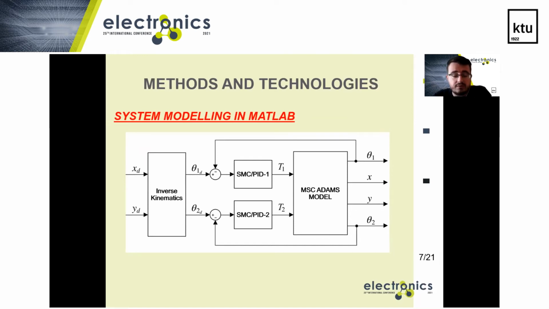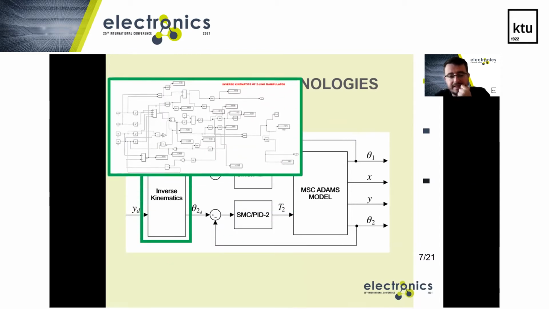Here we have to use inverse kinematics because the manipulator should go to our desired position. To perform this task, we have to obtain the suitable joint angles, θ1D and θ2D, in the picture. The equations of the inverse kinematics are manually calculated, and then these equations are embedded in MATLAB Simulink like that.